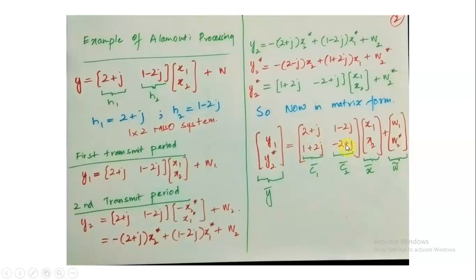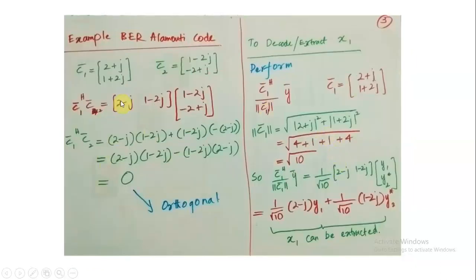We have two columns which are orthogonal to each other. This vector represents the actual transmitted symbols, and we have a noise vector which contains w1 and w2 conjugate. C1 would be this column vector, C2 would be this column vector. To see if they are orthogonal or not, we multiplied the Hermitian of C1 with the C2 vector, and we see that it turns out to be 0, so they are independent of each other.